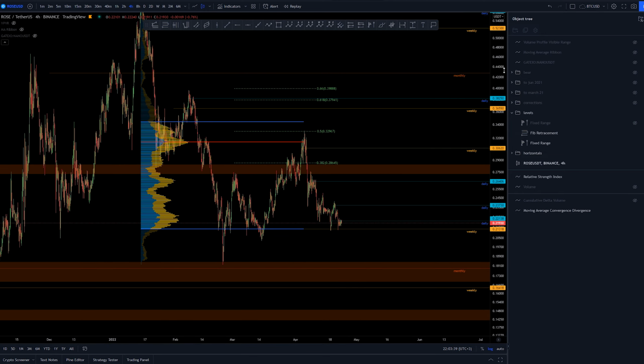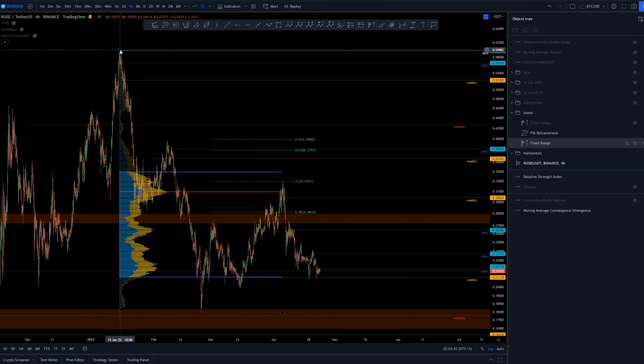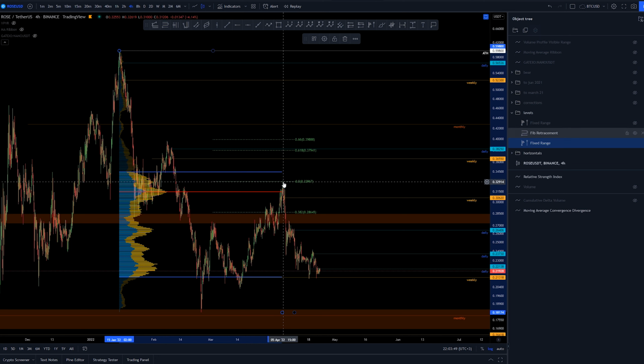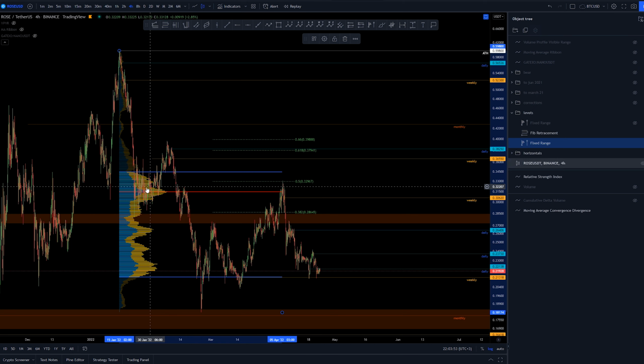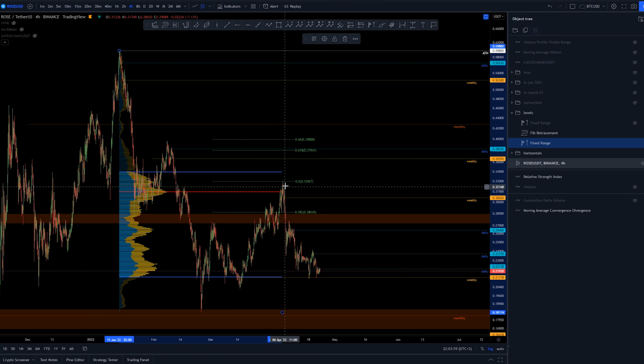So again, a volume profile from the January 15th highs to the current price action, up to the April 5th, and the point of control is sitting around here, and we have the 0.5 retracement here. So this is again a really good area for resistance while price is coming higher.